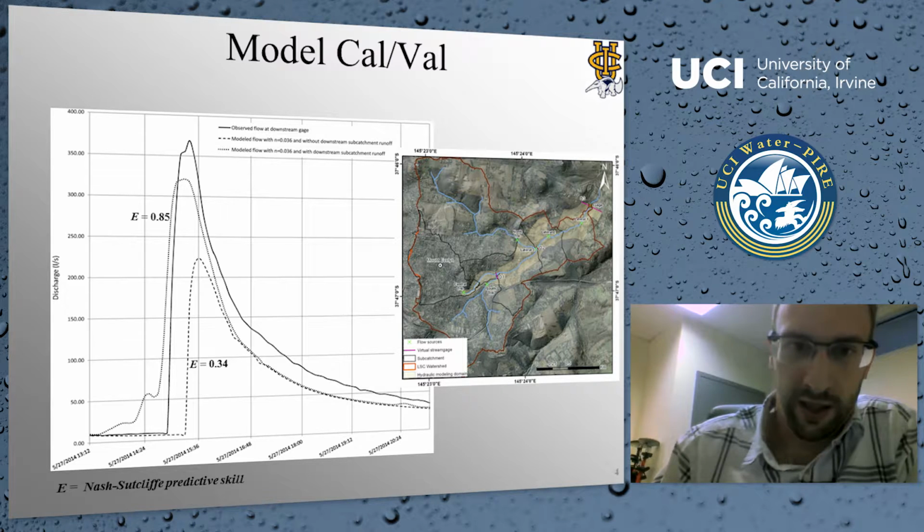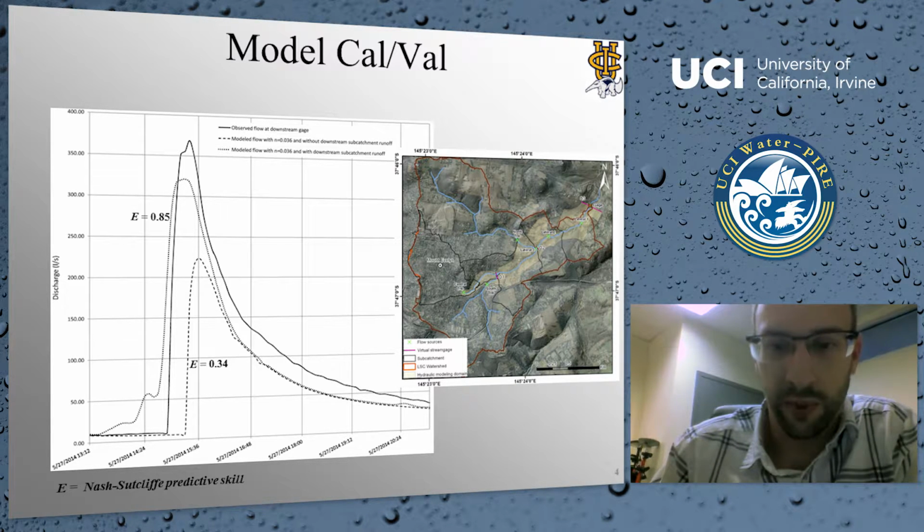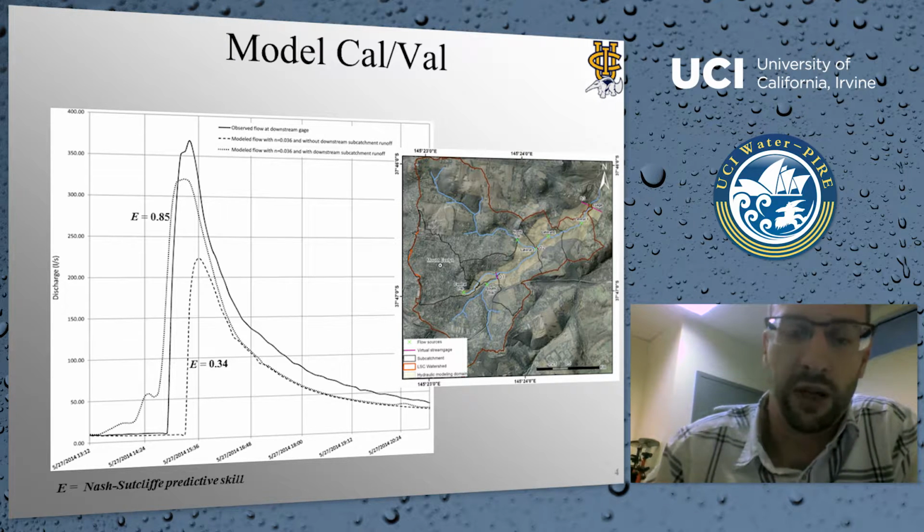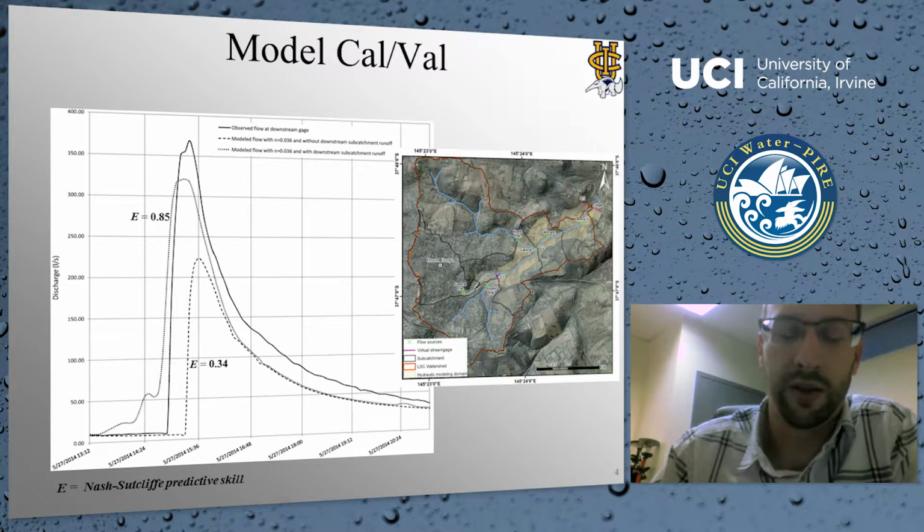By injecting this extra flow, we improved the predictions of our model dramatically, and that's now the hydrograph shown in the dotted line, where predictive skill is 0.85. The arrival time of the flow peak is very similar to the observed flow, and we are modeling the peak of the flow with 87% accuracy too.